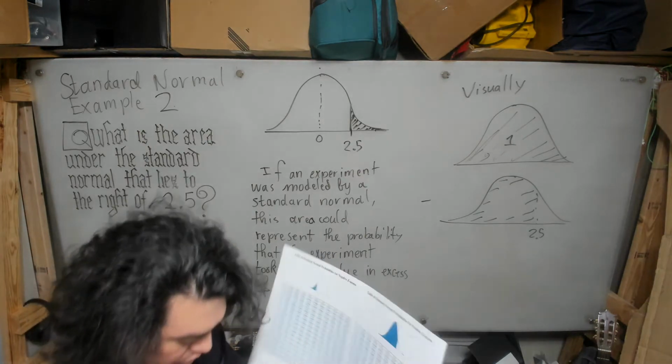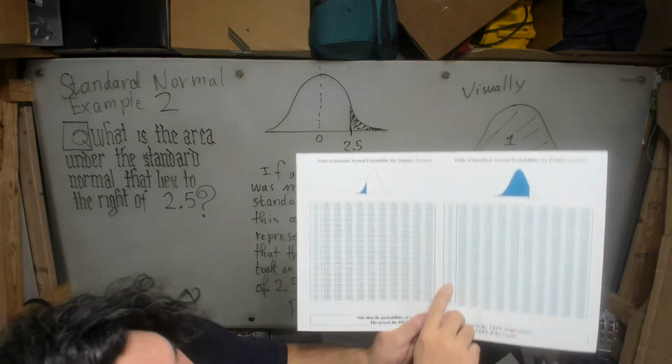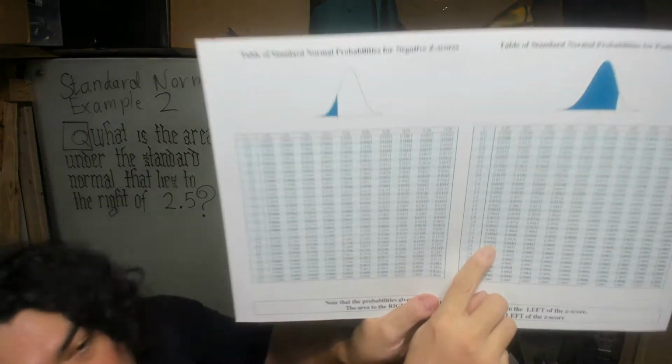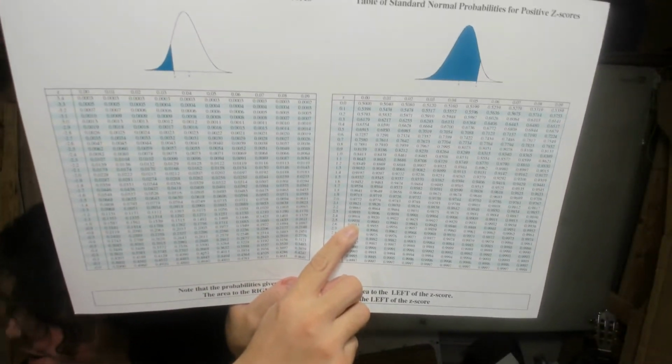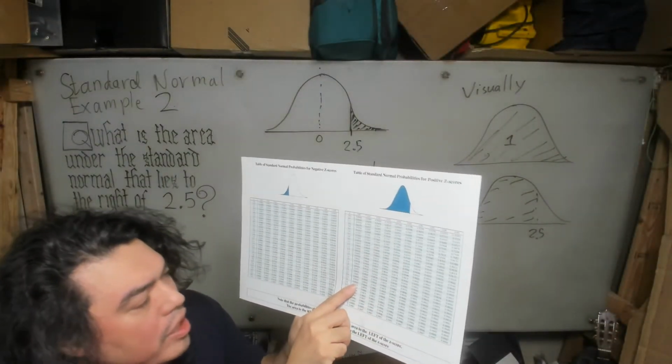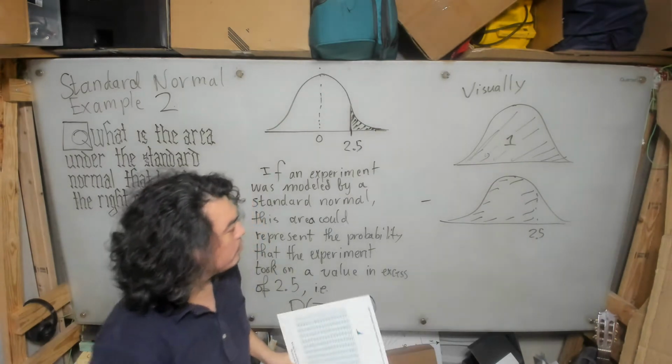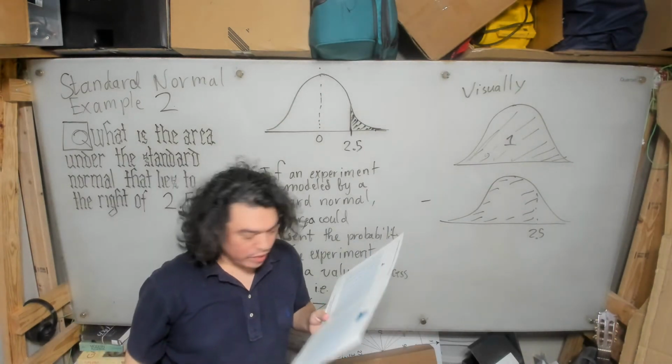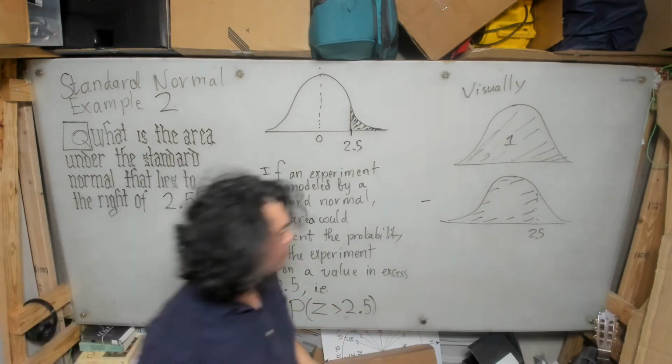So if we go over here in the table, we go to 2.5, we see that the area there is 0.9938.